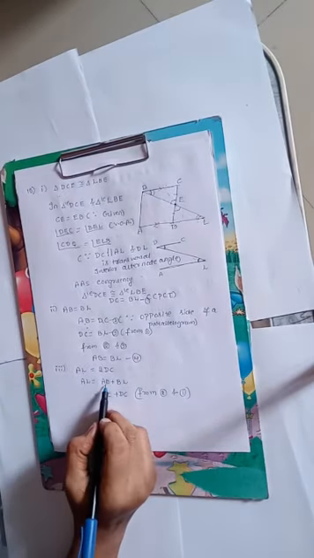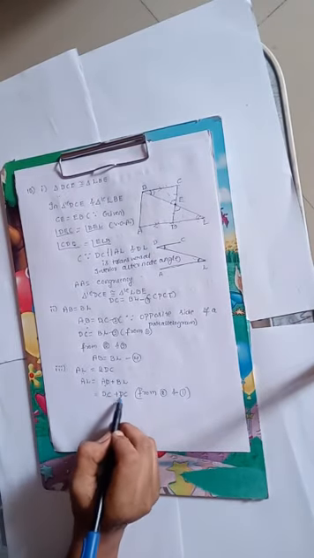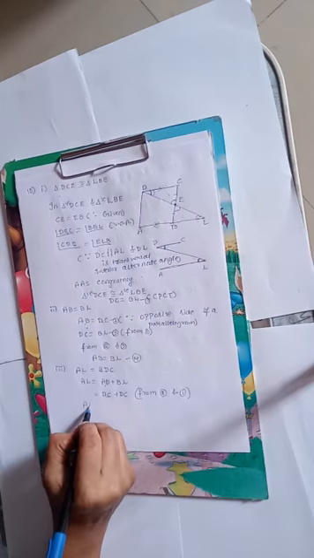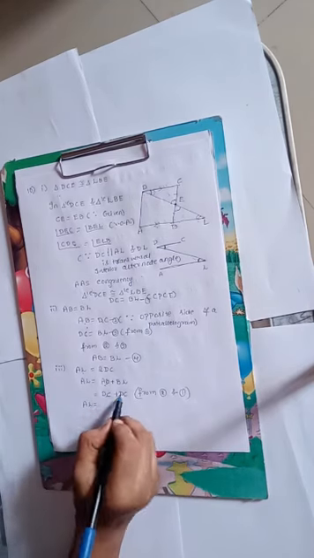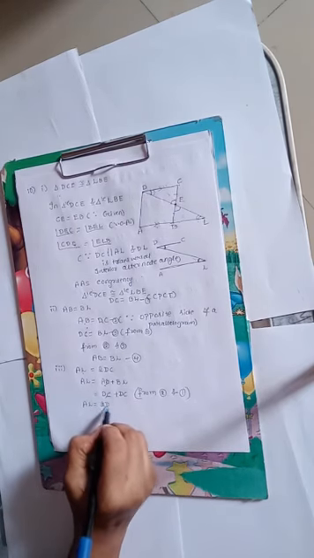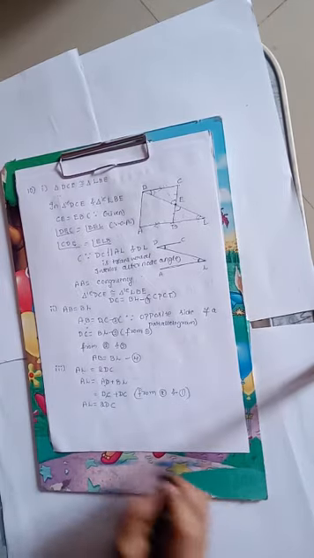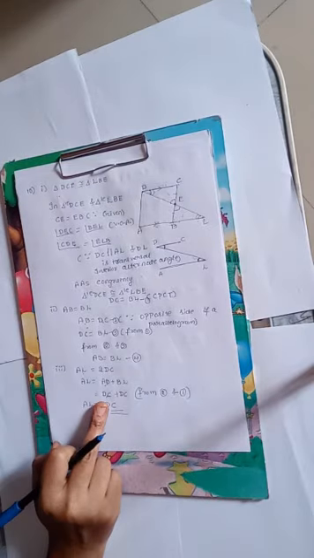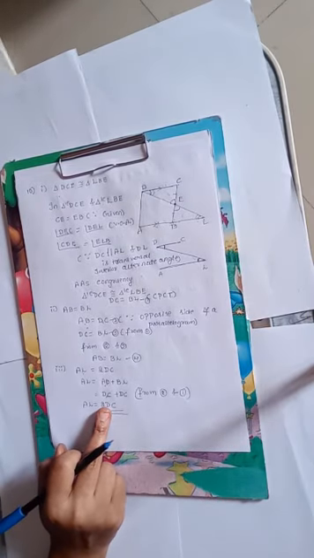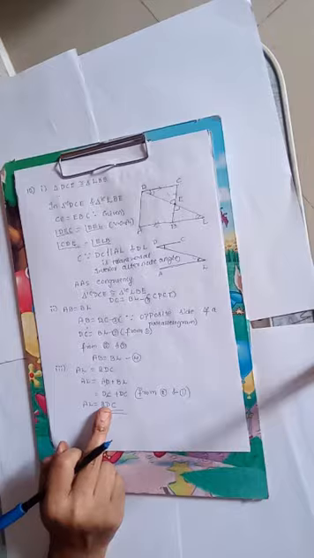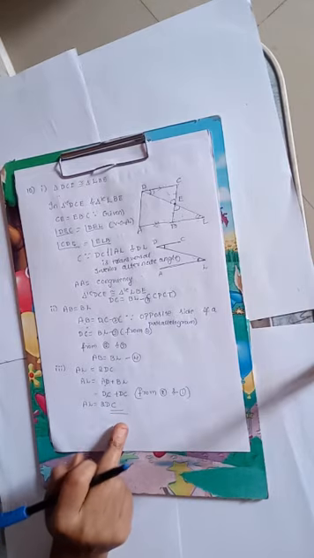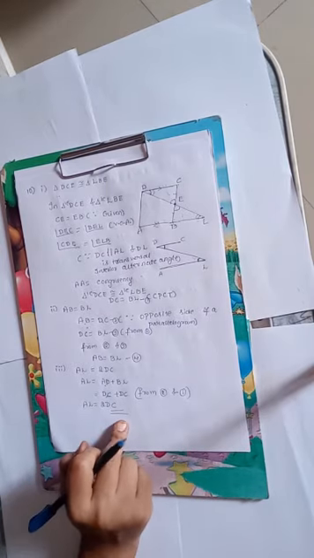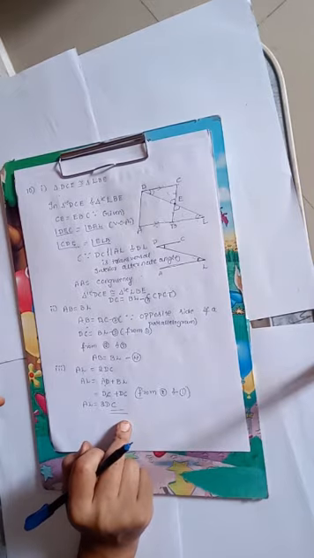Now AL will become equal to DC plus DC, which is 2 times DC. This is the end of question 10. I hope you understood this exercise 9A, and in another video you can move on to exercise 9B.